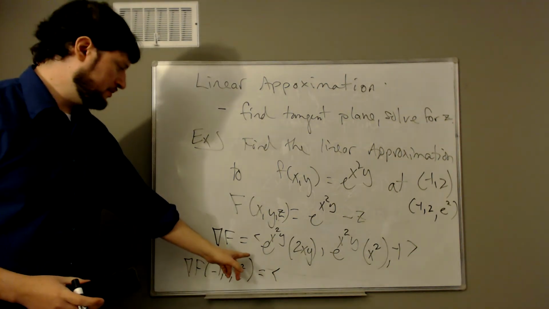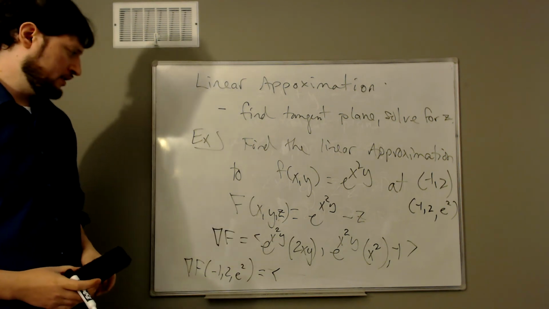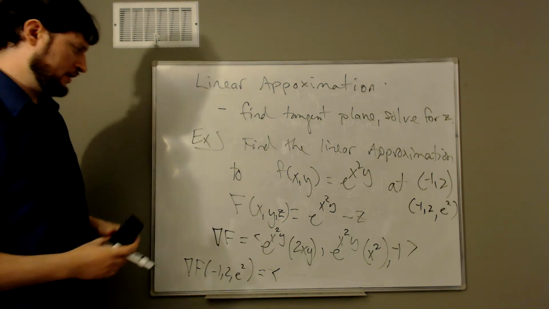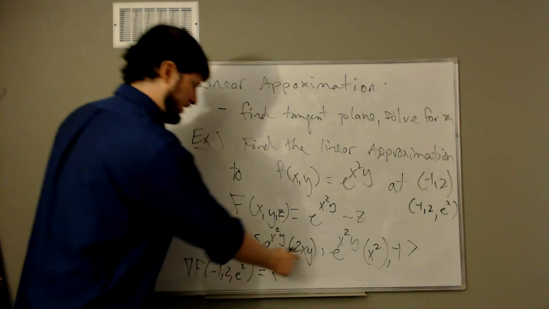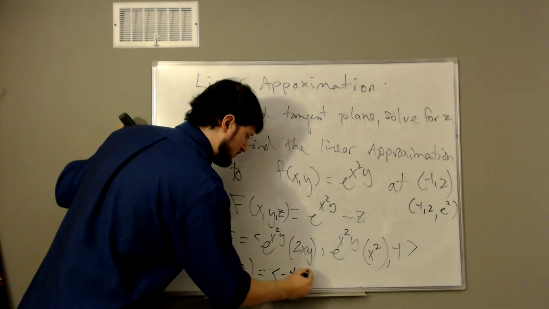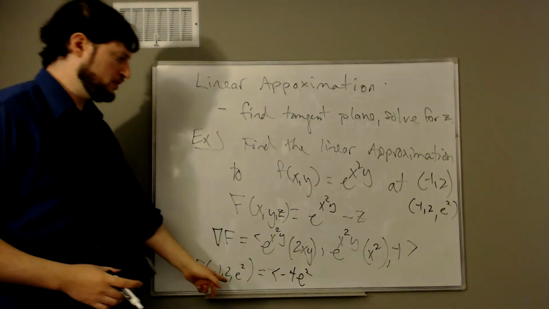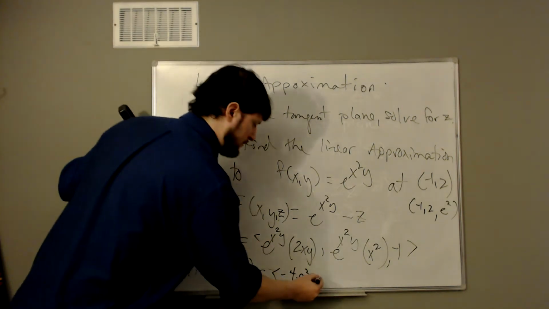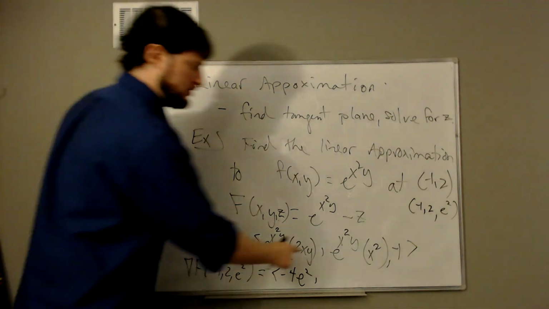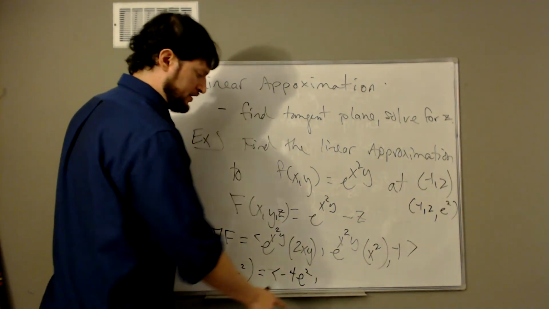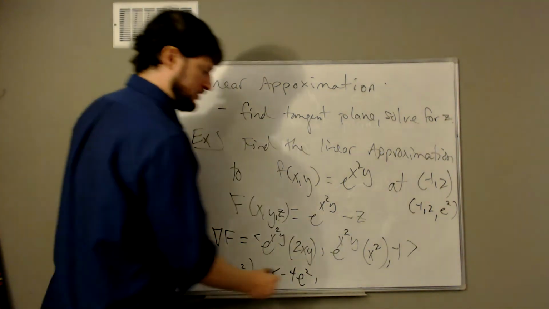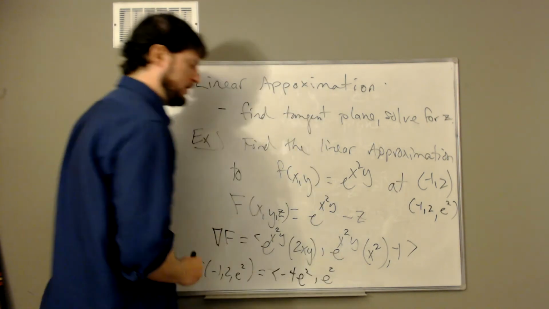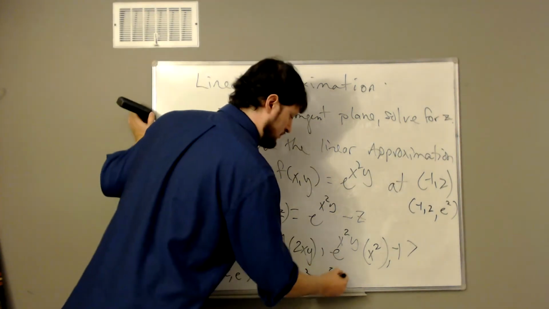So this becomes e squared times negative 2, times negative 4... When I plug (-1, 2) in, I get a negative 4 here, and then I get an e squared there. When I plug (-1, 2) in for x and y, this is still e squared, and now it's just a positive 1, so e squared, and then minus 1.